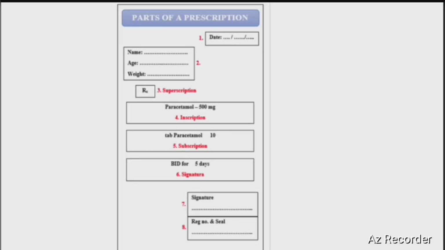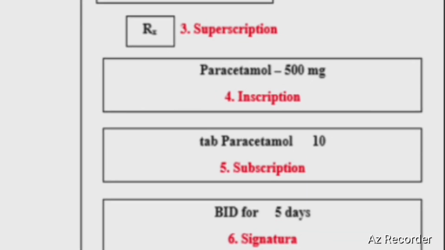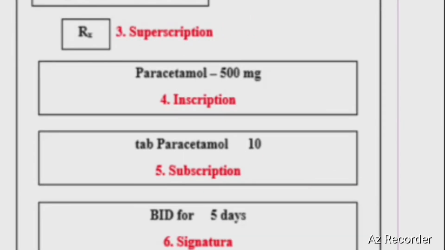Look at this part: superscription is denoted by the symbol Rx, the first part. Then inscription is denoted by the generic name or brand name with the strength and total quantity. Here in this sample prescription, paracetamol 500 mg is the inscription.